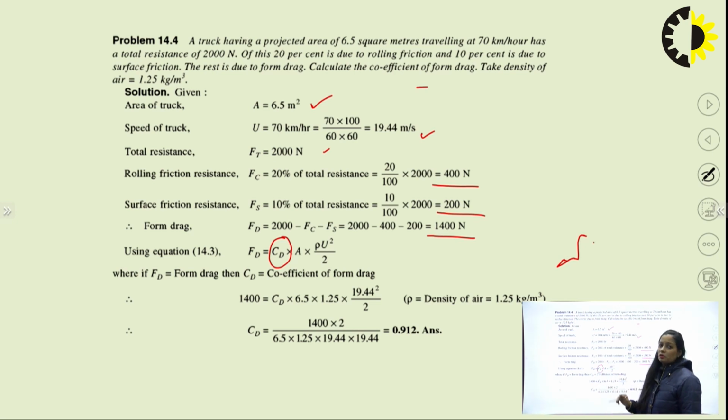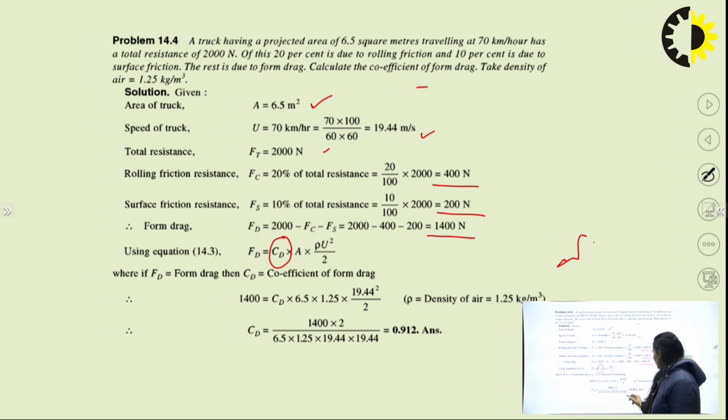Area was given as the projected area of the truck, 6.5. Now rho is the density of air, that is 1.25. And here U is 19.44, which you calculated just before.